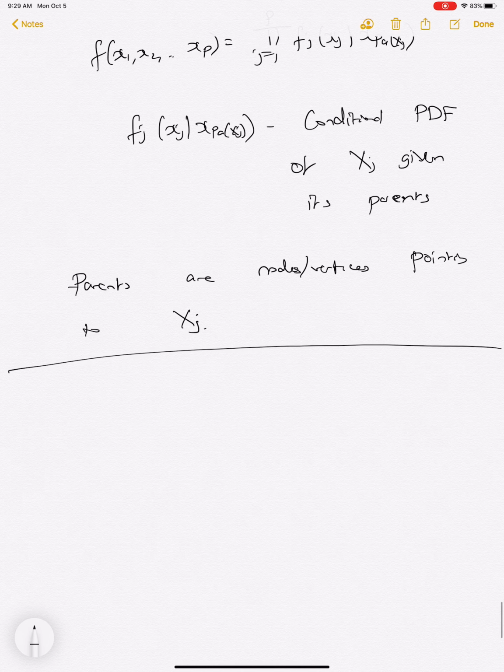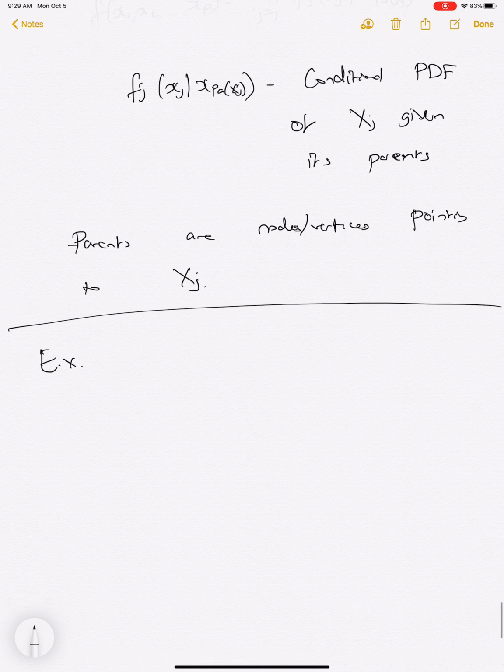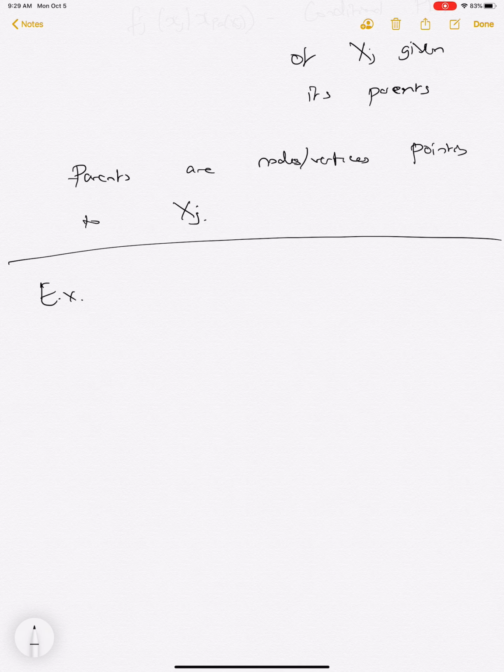So let's go back firstly to the coins and bell example.